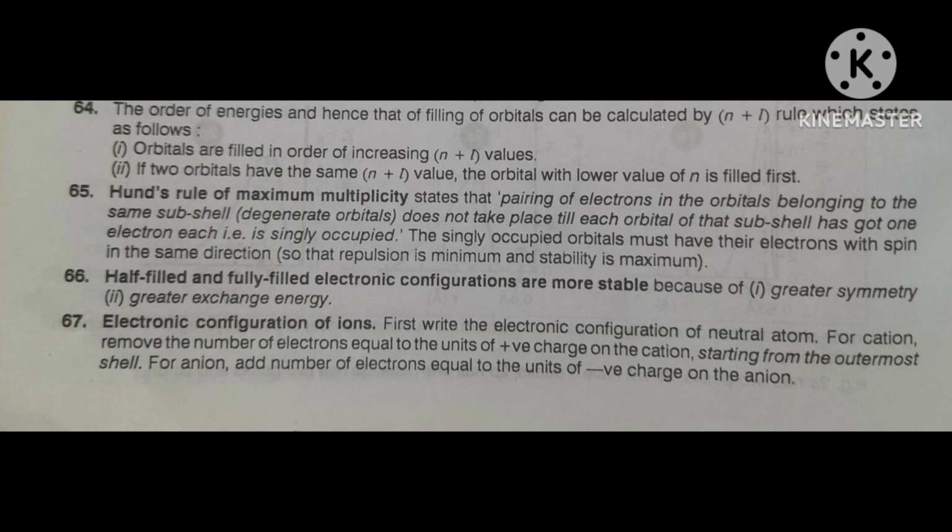Again next 4d, 5p, 6s. And again next, the longest: it will start from 4f, 5d, 6p, 7s. Correct? That is sufficient. One more is there, that also you can fill. Okay.